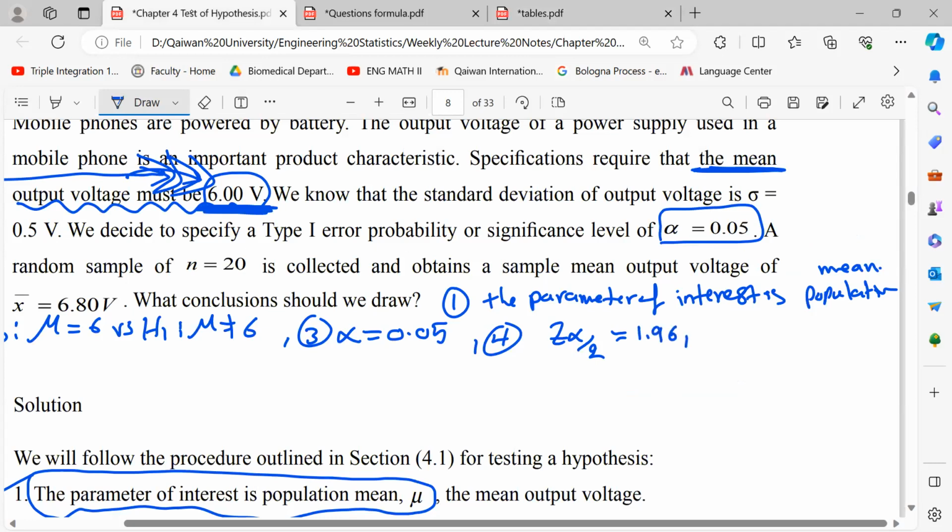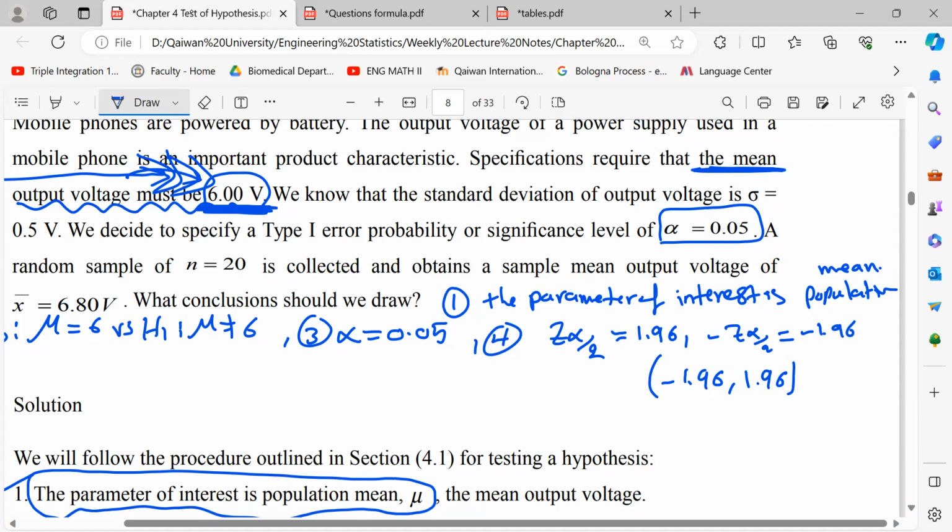How about minus Z of alpha over 2? We just give a negative sign to the previous one. It's minus 1.96. We now have this interval, minus 1.96 and 1.96.